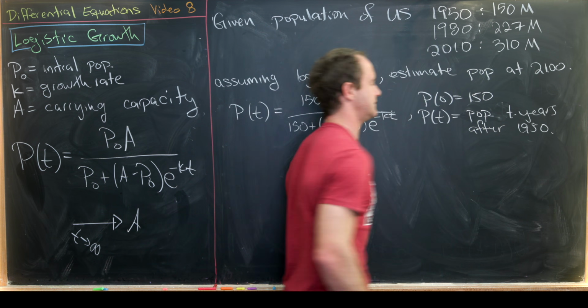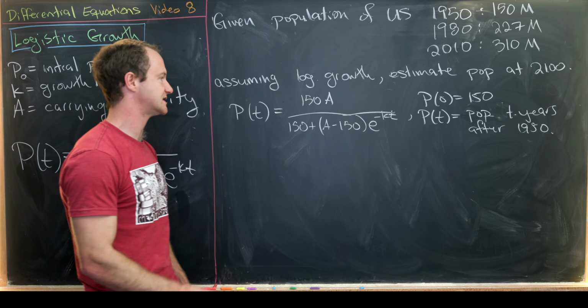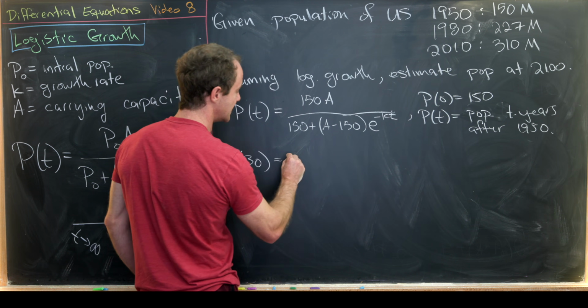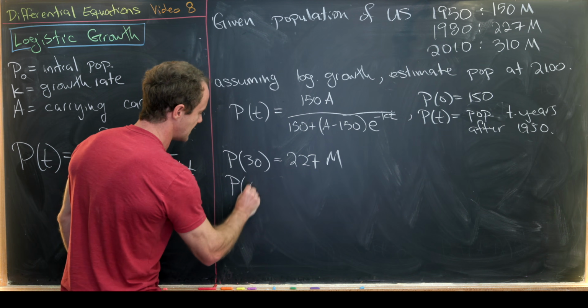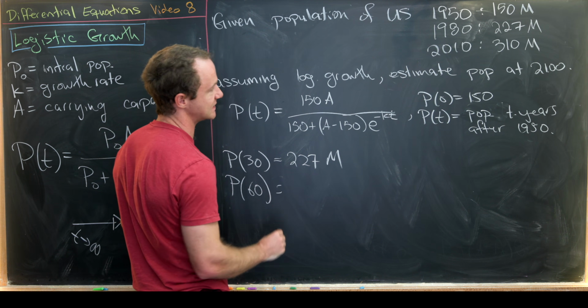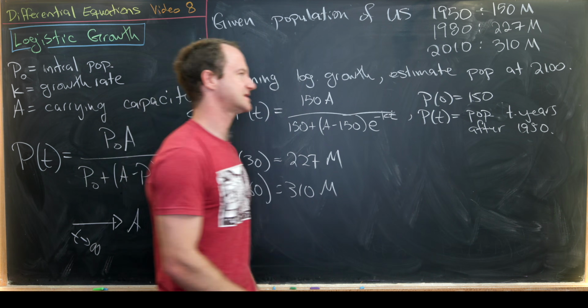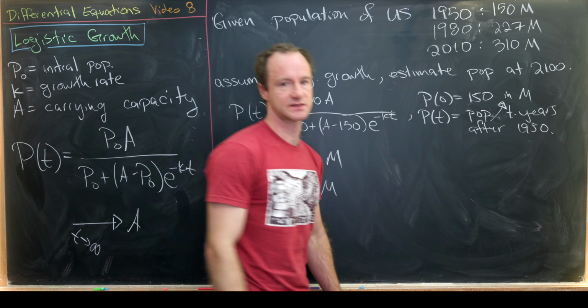We're setting 1950 as our set point. Then we have two more pieces of information. We have P evaluated at 30 is equal to 227 million. And then we have P evaluated at 60 is equal to 310 million. And I guess I should say here, population in millions.